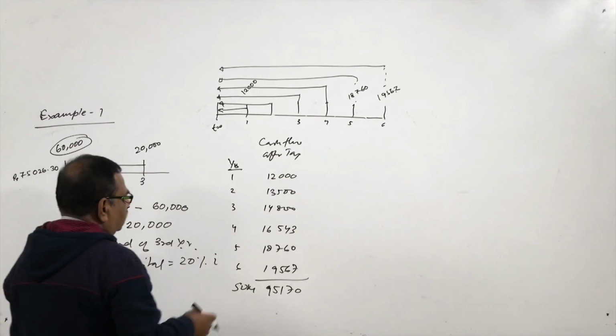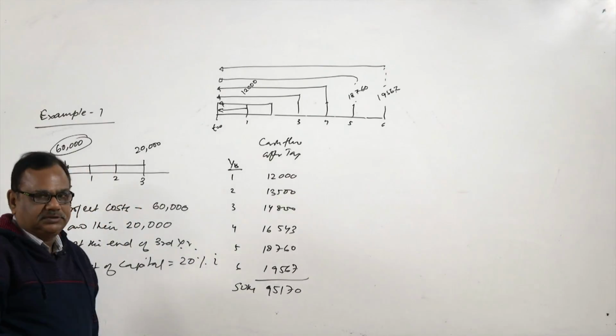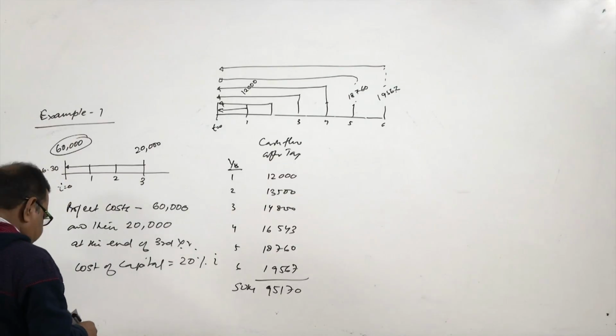Now, all these values have to be converted into time t equal to 0, that means the present value has to be computed and then added up.